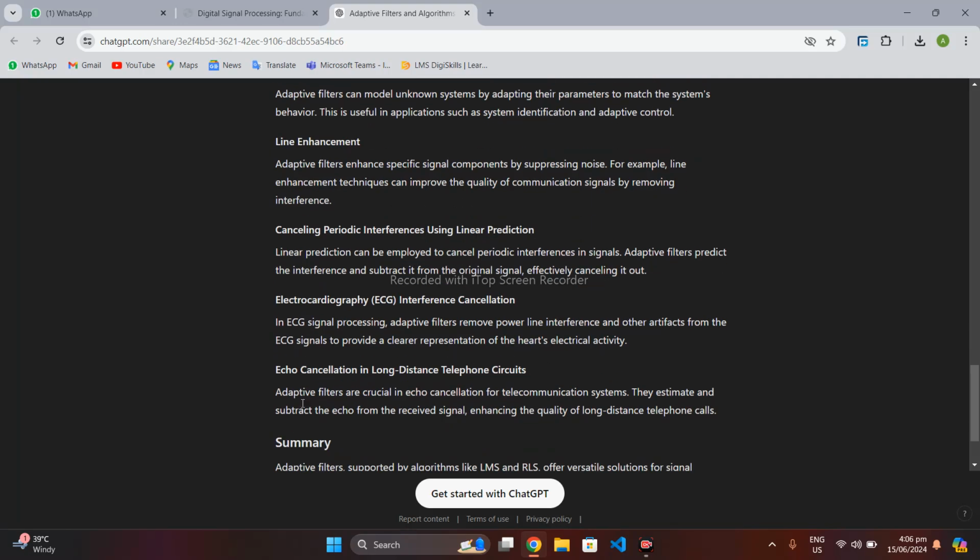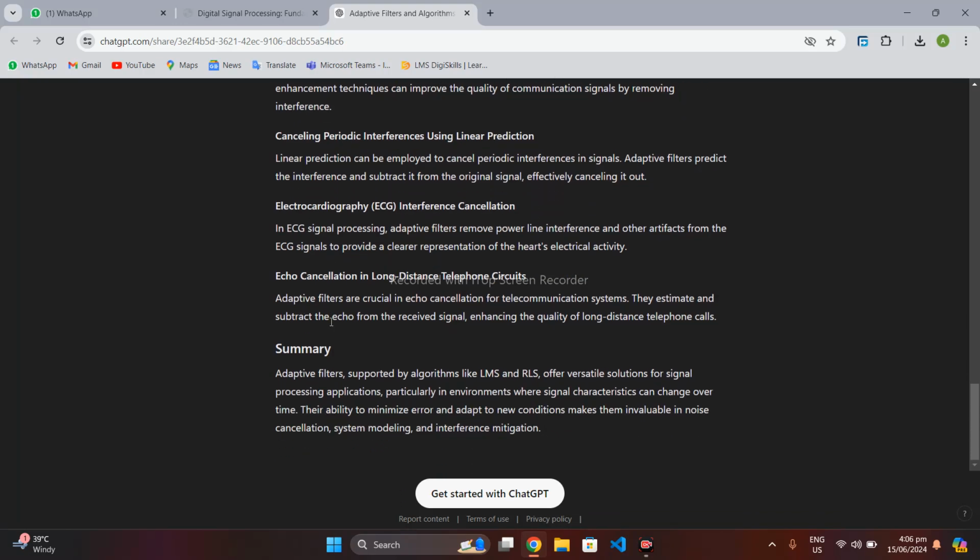So now we move toward echo cancellation in long distance telephone circuits. Adaptive filters are crucial in echo cancellation for telecommunication systems. They estimate and subtract the echo from the received signal, enhancing the quality of long distance telephone calls.